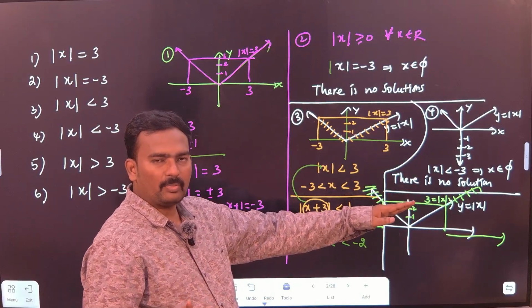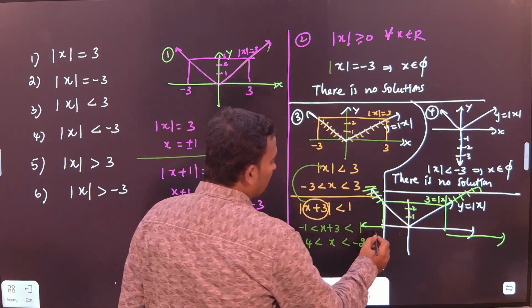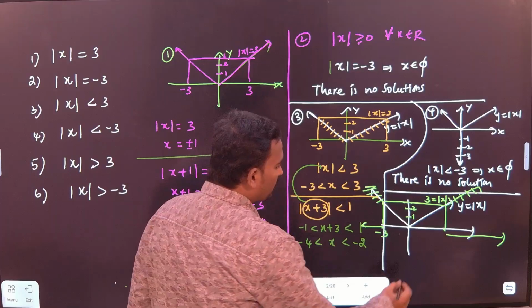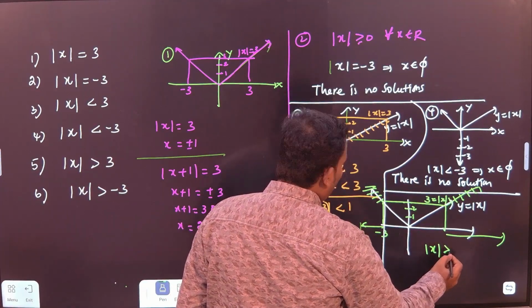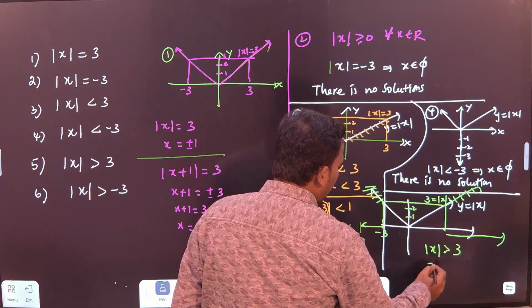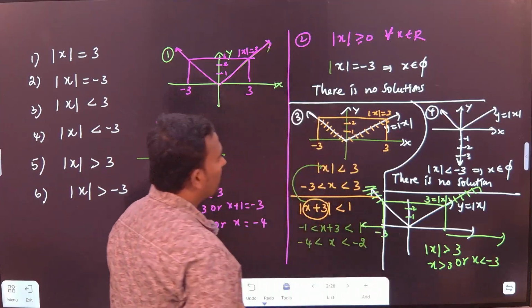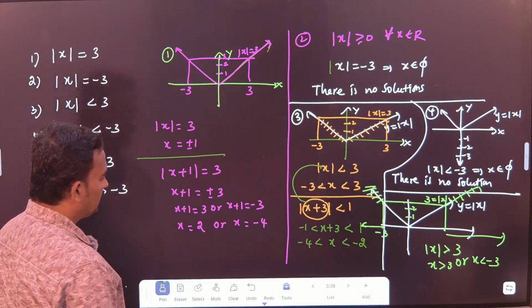So more than 3 means x should be more than 3 or x should be less than minus 3. You can see minus 3. Then only you can cover more than 3. So what we can say, mod x strictly greater than 3 means x should be greater than 3 or x should be less than minus 3. Okay, so I hope everyone understands, right?